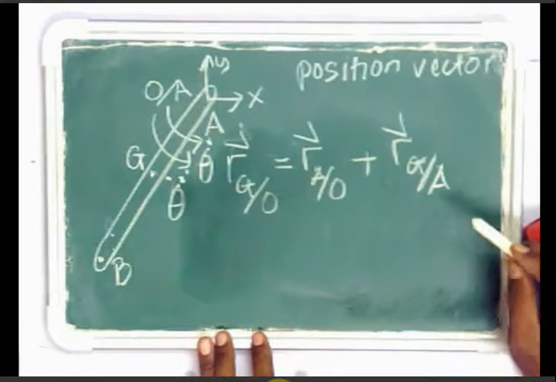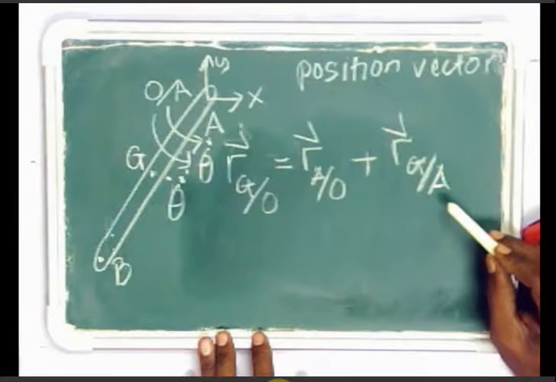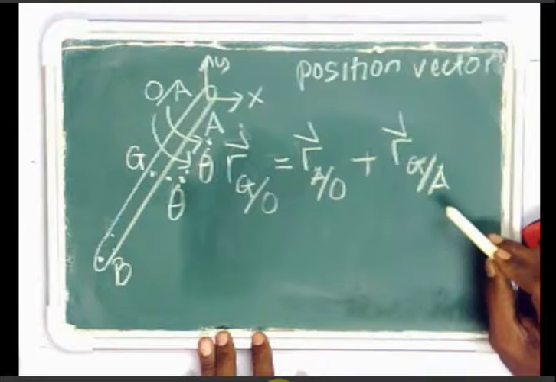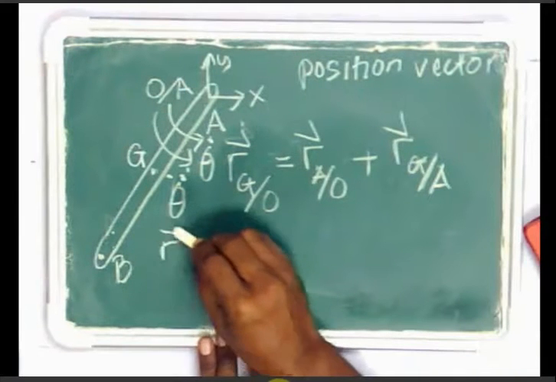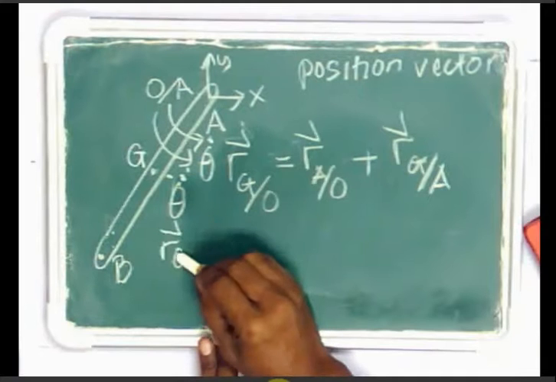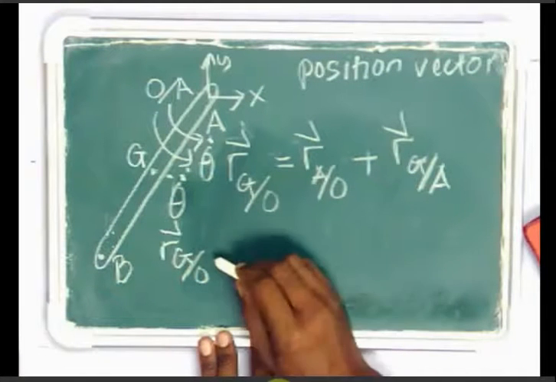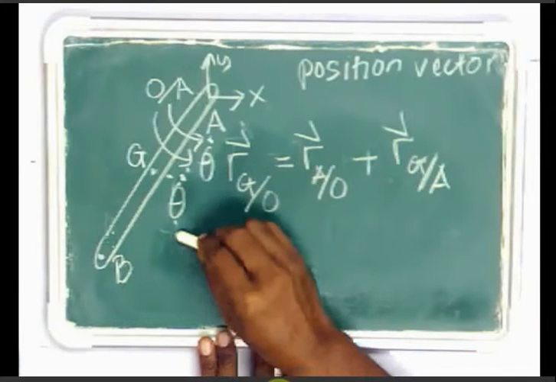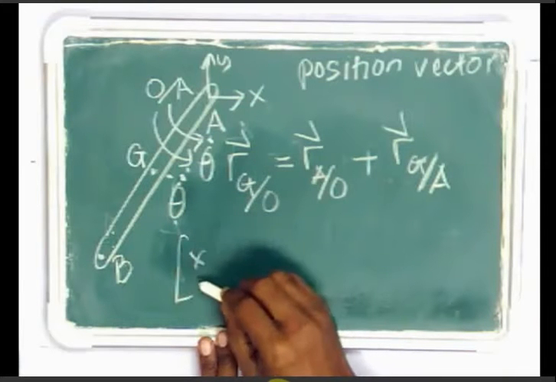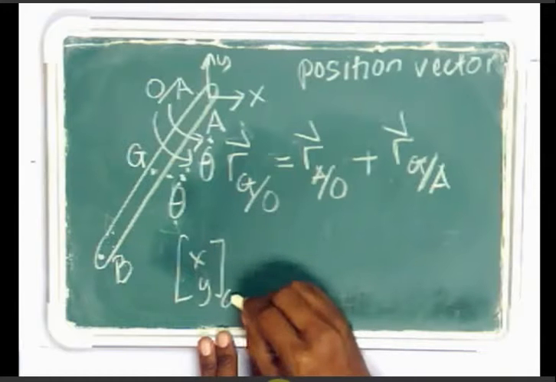So we want to convert the position vector in polar coordinate system into the Cartesian coordinate system for point G. So what we're going to have here is R G/O, which can be written in matrix form. So we have X, Y at G.